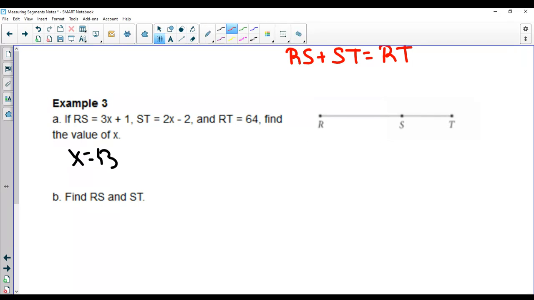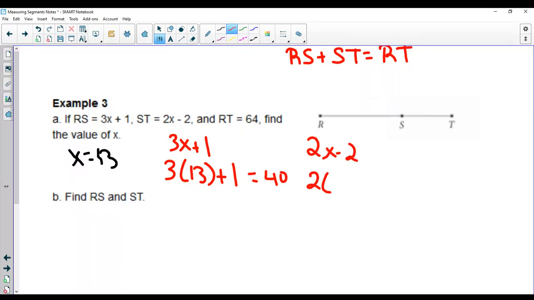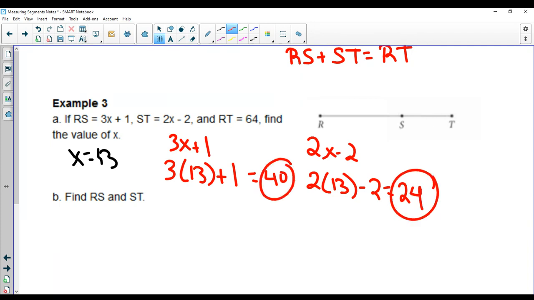Okay, so RS was the 3x plus 1, so we're going to take 3x plus 1, plug that in. 3 times 13 is 39, plus 1 is 40. ST was 2x minus 2. 2 times 13 minus 2. 2 times 13 is 26. Subtract 2 is 24. So this is RS and this is ST.